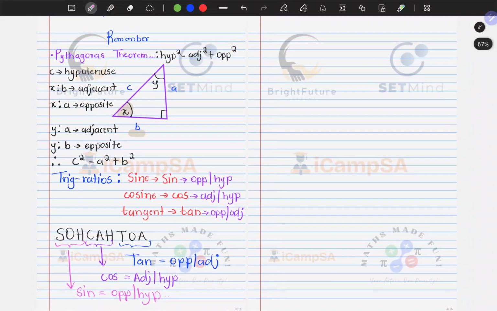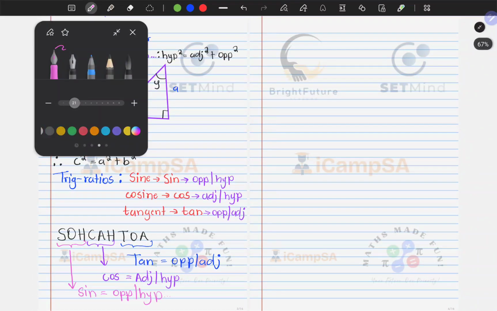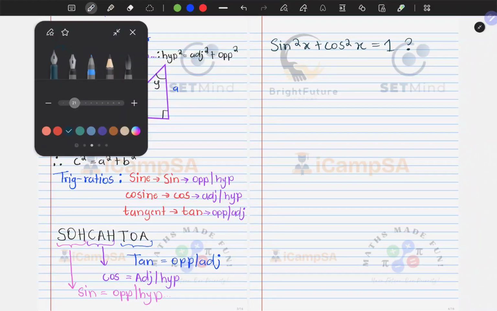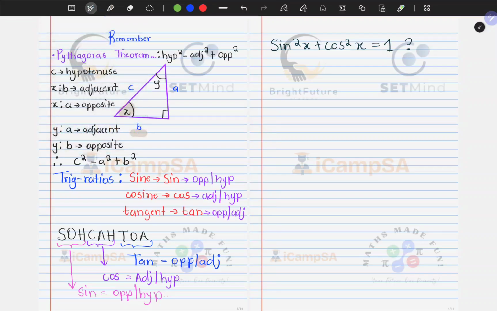Very important. So now remember what we are required to prove. We are required to prove that sin² of x plus cos² of x will always be equal to 1. How can we prove this? I'm going to use trig ratios.